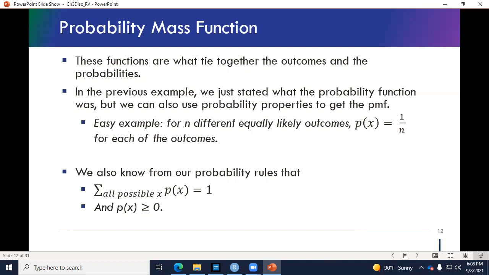You can only have 2 outcomes when you flip a coin, so the probability of getting either a tail or a head is 1/2. If you roll a dice, you have 6 possible outcomes, and the probability of each is 1/6. And we know from the axioms of probability that summing up the probabilities of all possible values of X equals 1, and the probability is always between 0 and 1.